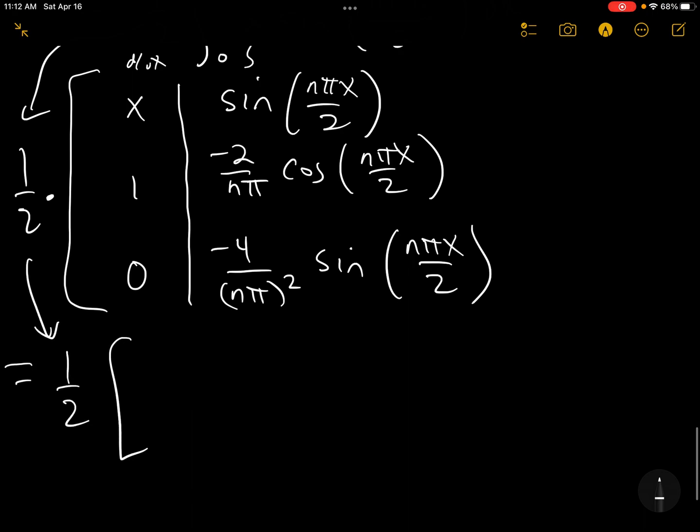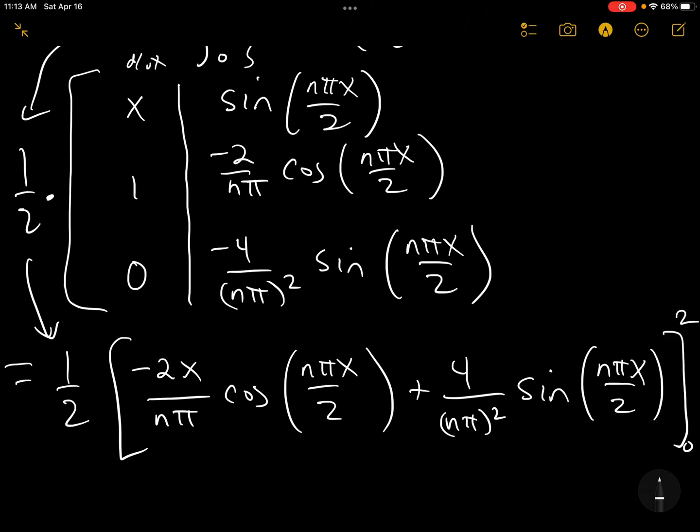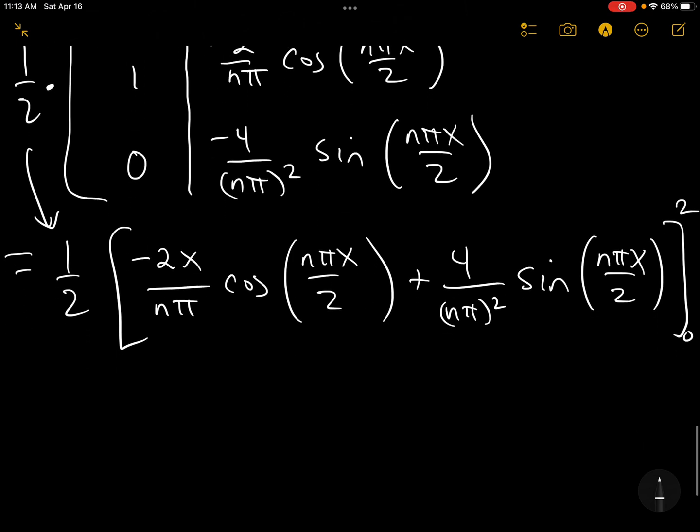Okay, so let's set up our evaluation here. We have 1/2, not forgetting it, times minus 2x over n pi cosine n pi x over 2 plus 4 over n pi squared sine n pi x over 2, evaluated from 0 to 2. Okay, we're close.